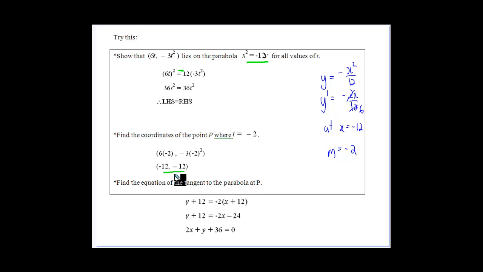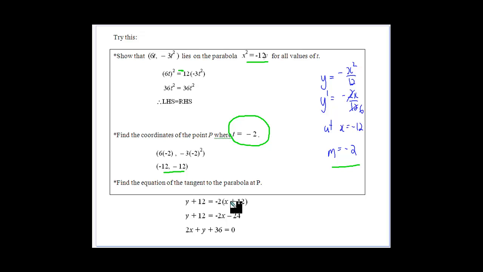So there's our point. For our gradient, we can do it two ways. We can realise that if t is equal to minus 2, then our gradient's going to be minus 2. Or we can show it by putting y in terms of x, finding the derivative of the function, and then substituting minus 12 in, and we get the gradient being equal to minus 2.